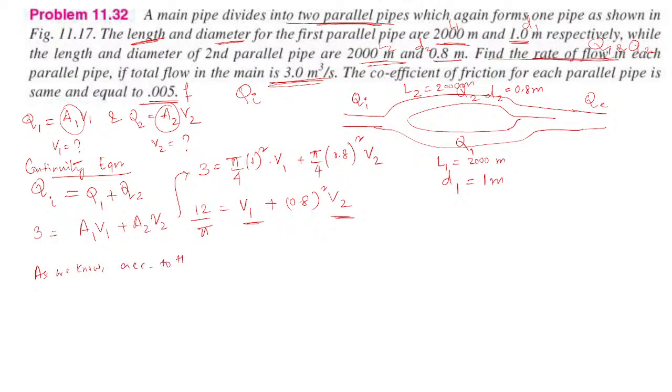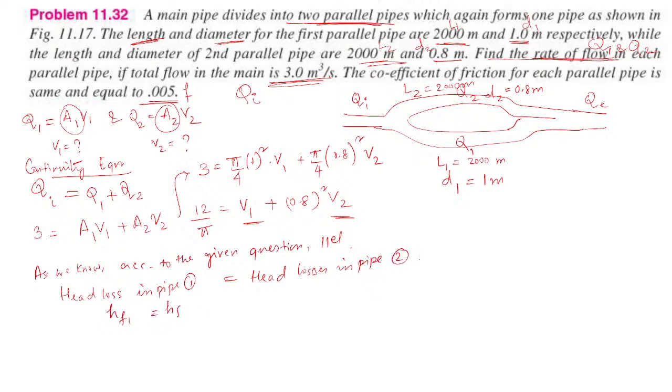According to the given question, the pipes are parallel, so the head loss in pipe 1 is equal to the head loss in pipe 2. So HF1 is equal to HF2.